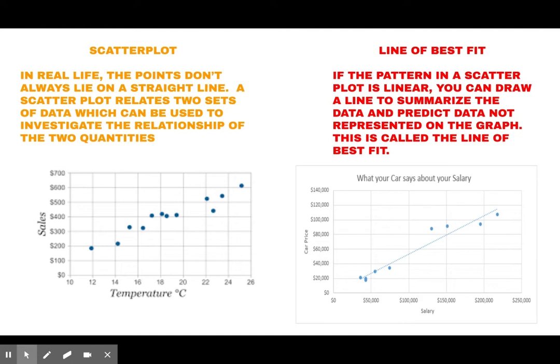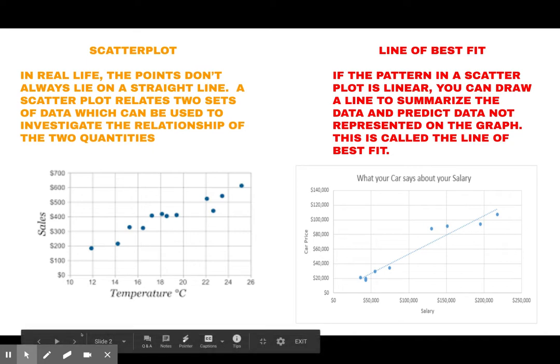And then once we have that information plotted, we can draw what we call the line of best fit if the scatter plot has a linear pattern. And we can use the line to summarize the data and predict data that's not represented on the graph. And we can do that by simply reading the line, or we can do that by using the equation of the line of best fit, which is computed using the Desmos calculator.